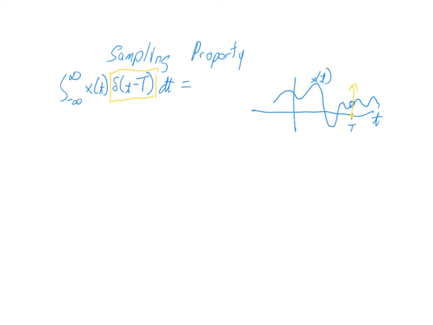So first of all, the thing that we're integrating, our integrand here, is the product of these two functions. One of the key properties of Dirac's delta function is that it's 0 almost everywhere. It's 0 everywhere except when small t is equal to capital T, making this argument 0.